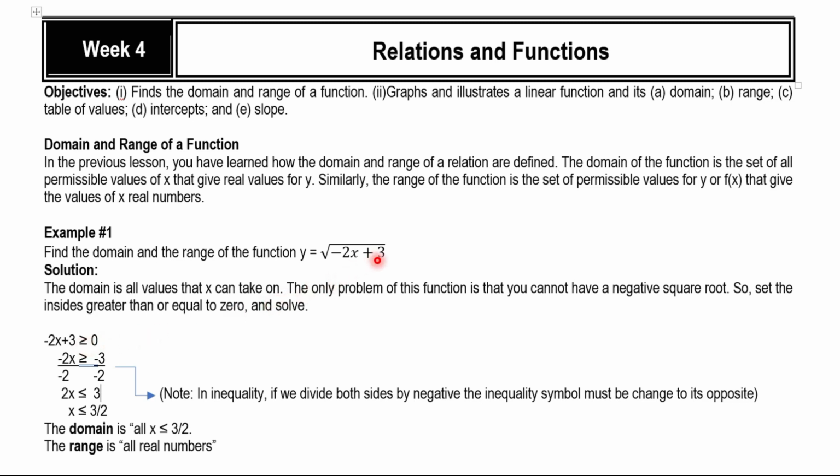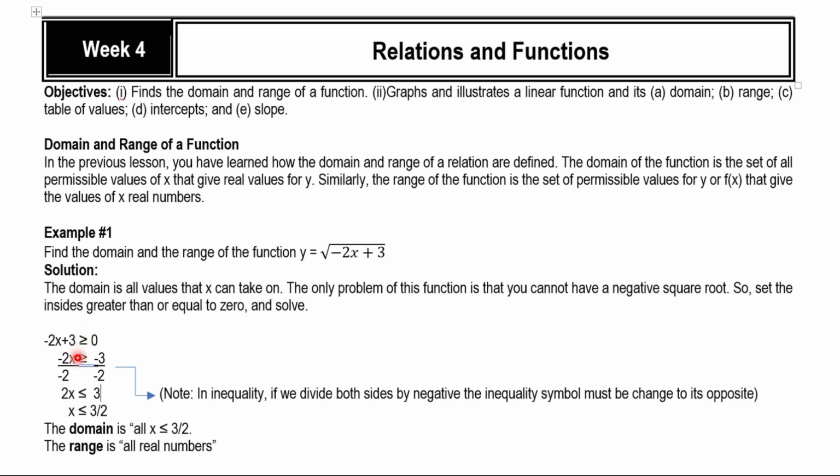Because the value of negative 2x plus 3 should not be negative. So meaning to say, negative values are excluded. It cannot be, because if it's the square root of a negative, the result of that is imaginary. So we cannot determine the domain.